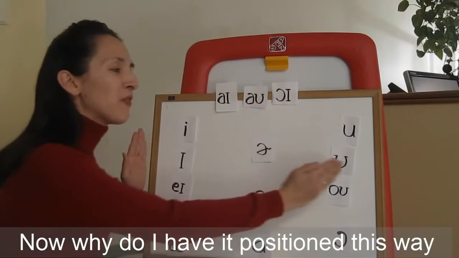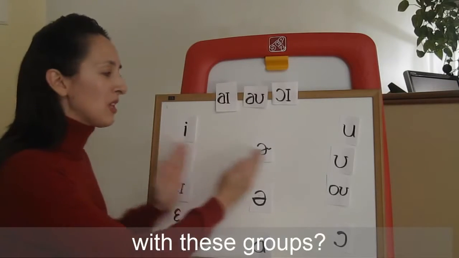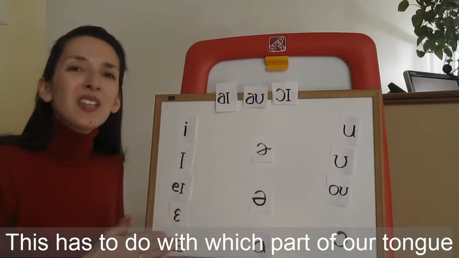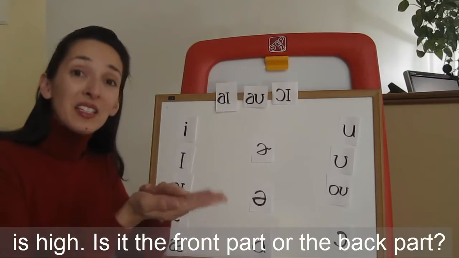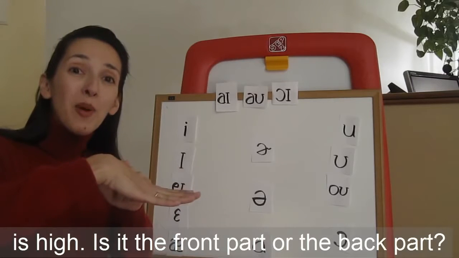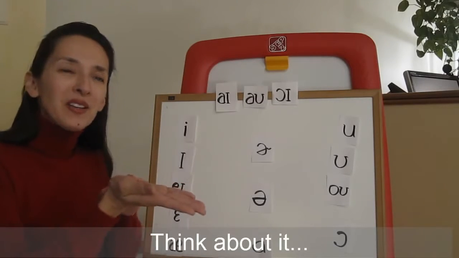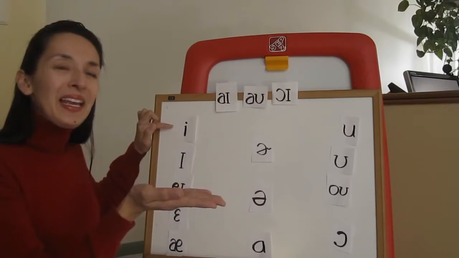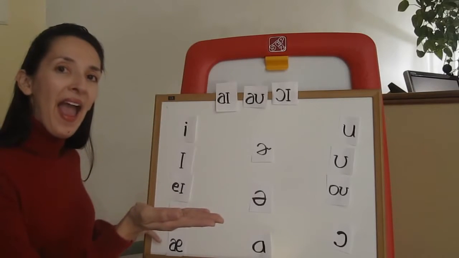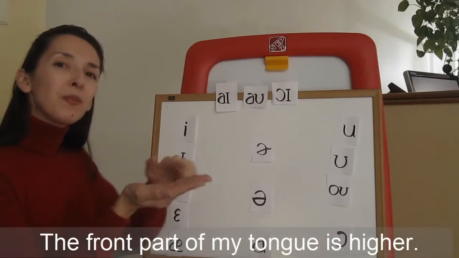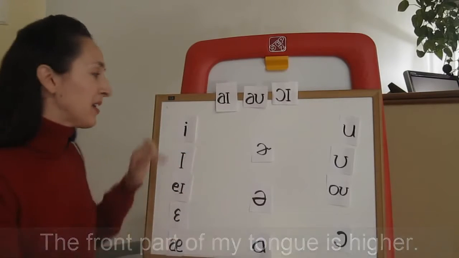Now, why do I have it positioned this way with these groups? This has to do with which part of our tongue is high. Is it the front part or the back part? Think about it. E, I, A, E, A. The front part of my tongue is higher.